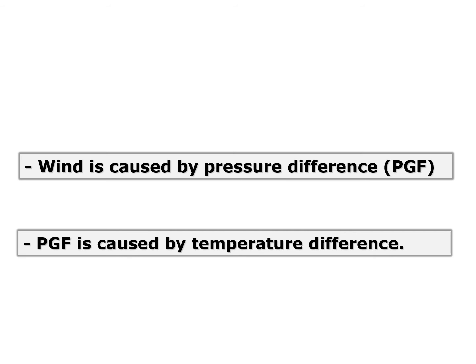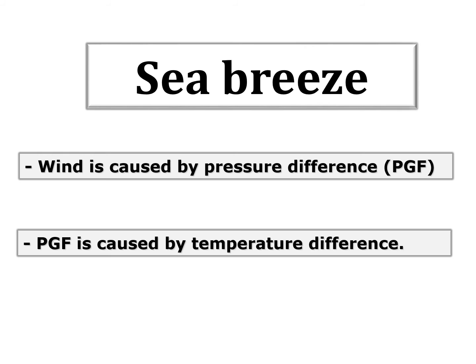Let me give you a good example to apply this principle. What example? You are New Yorkers, so you must know the sea breeze. In the hot summer, in the afternoon, you feel this air is so cool.